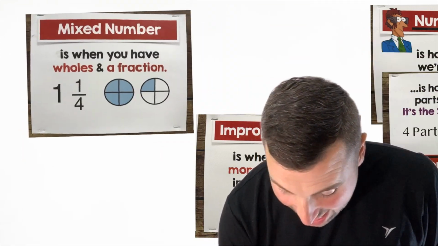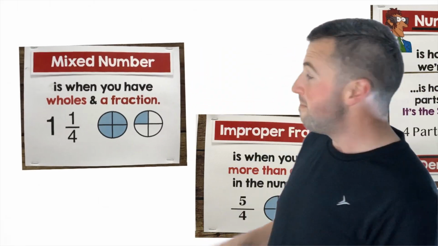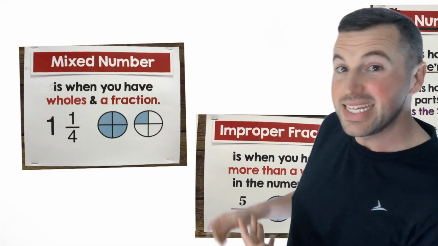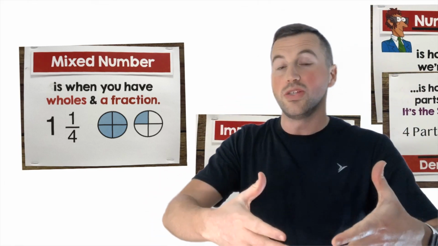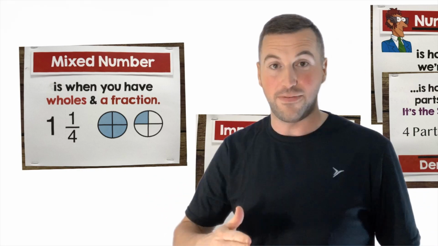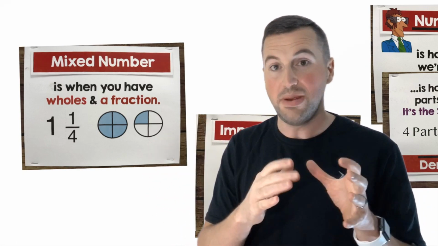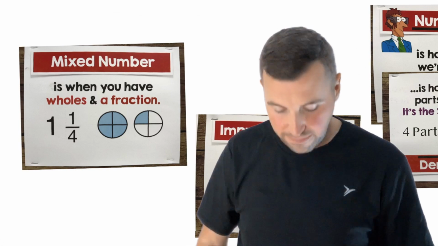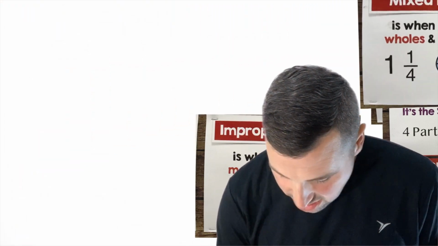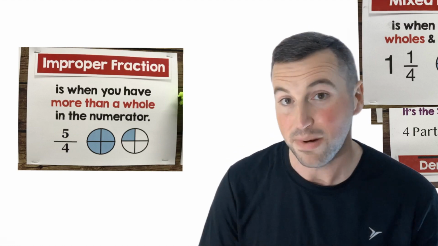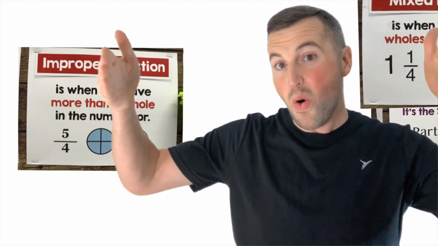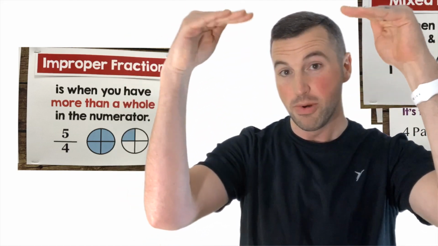Now today we have mixed numbers. Mixed numbers is when you have wholes and then a fraction. Okay? Those two pieces. It's a whole number and a fraction. And then we have improper fractions. Improper fractions are when you have more than a whole in the numerator.